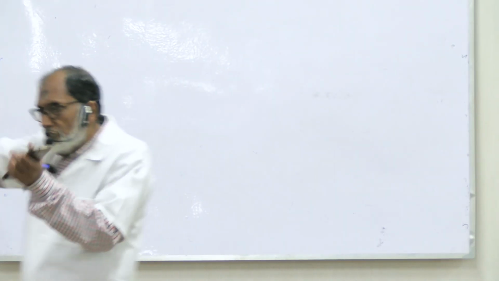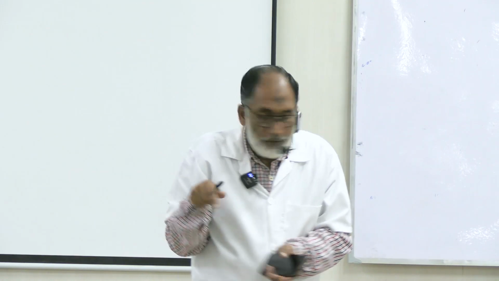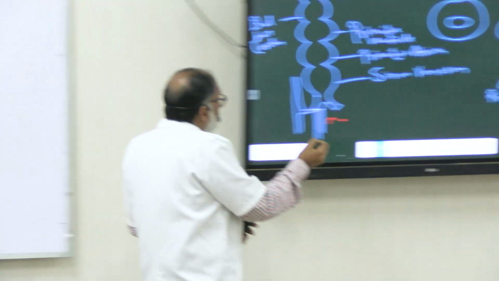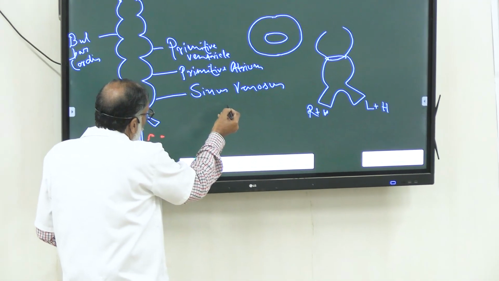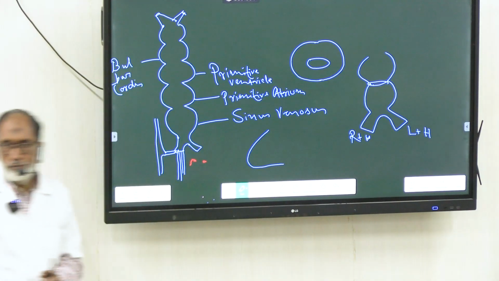So the heart tube, when it goes on increasing in size, will bend. First it will bend in a U-shaped manner.